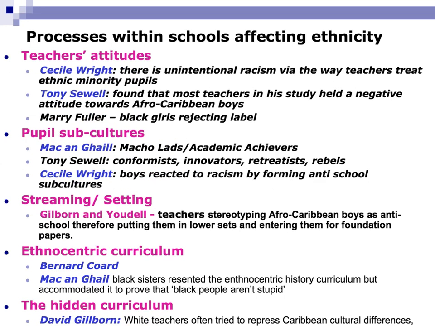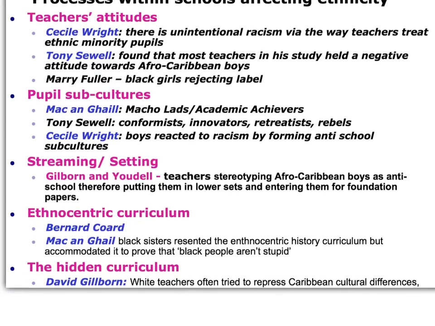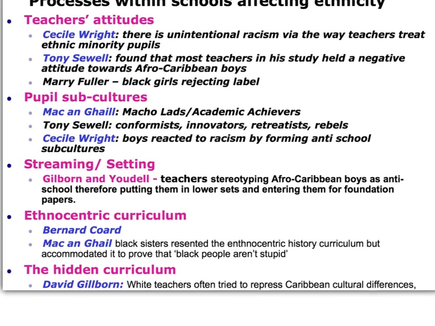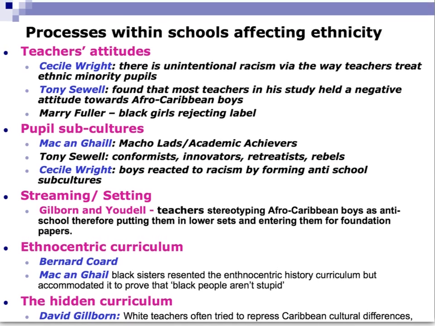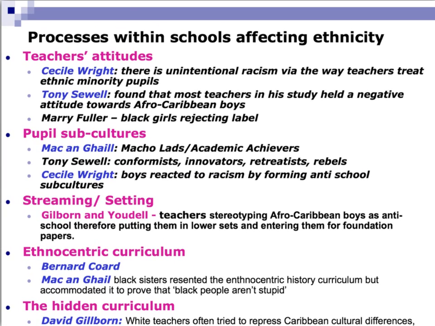This is all the different studies about processes within schools that affect ethnicity or different ethnic groups. Again, at the very bottom, they've cut it off, which is not very helpful. That's the argument about David Gillborn, who argued that white teachers tended to see characteristics of black culture as rule breaking.